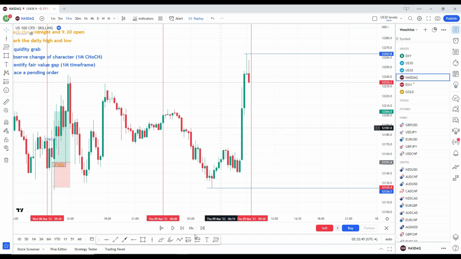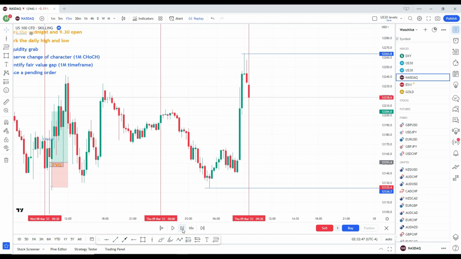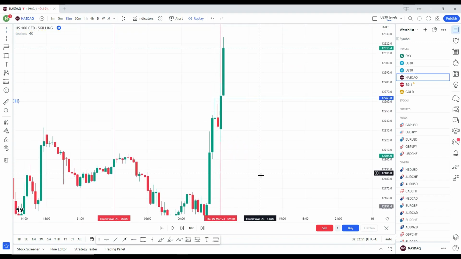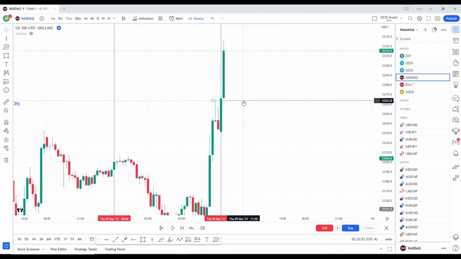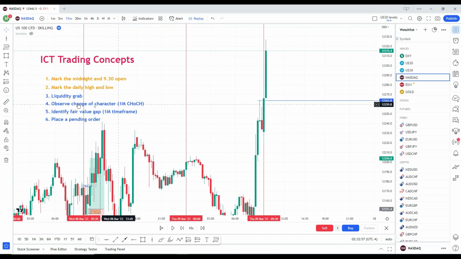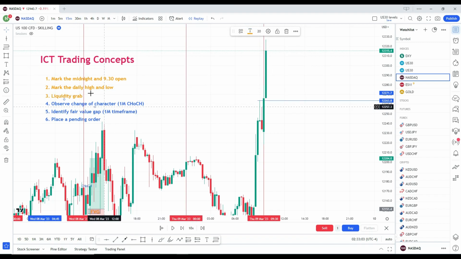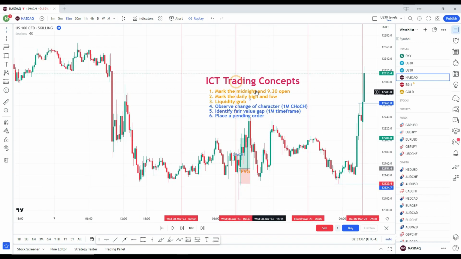So liquidity grab, let's see. Fantastic, this is a liquidity grab here. This high has been taken out. So we now want to go to the next, the fourth step, to observe the change of character. We now want to switch to 1 minute time frame.